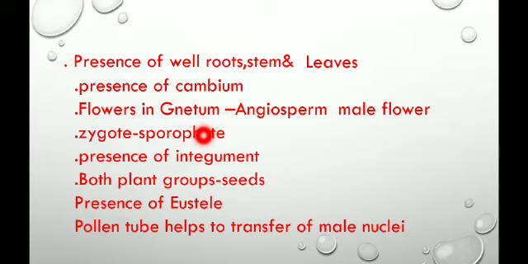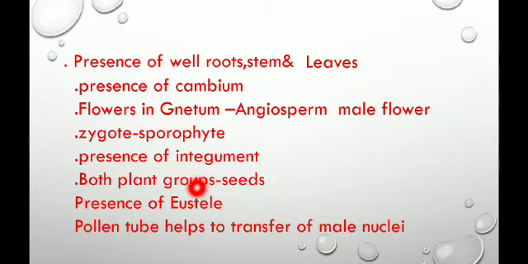The zygote represents the first cell of the sporophyte. Both plant groups have an integument around the ovule; the integument is the layer present around the ovule. Both plant groups produce seeds and have eustele formation.